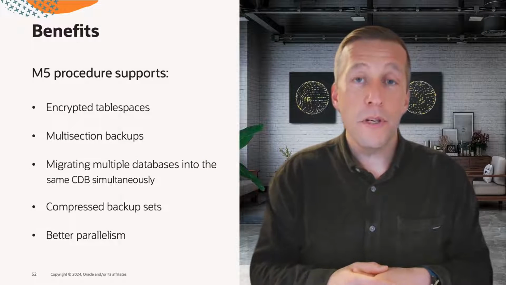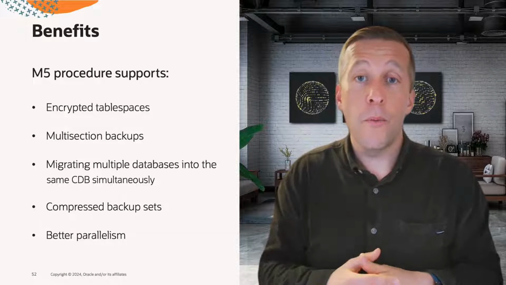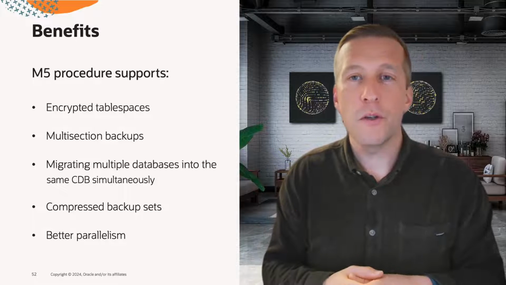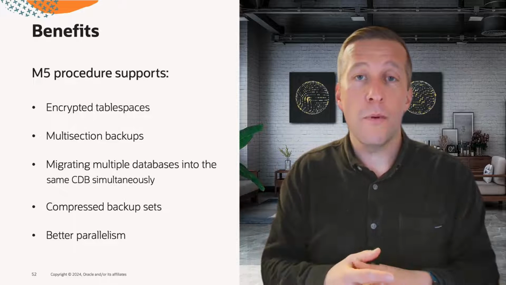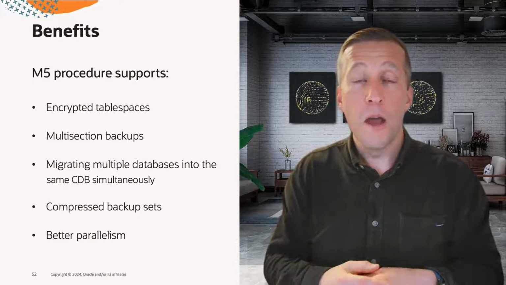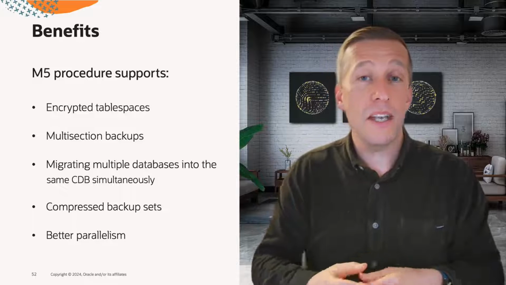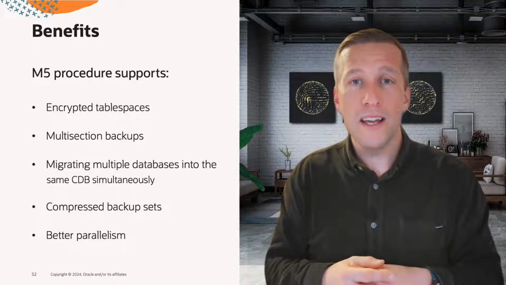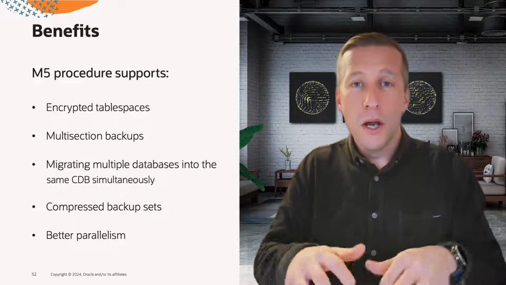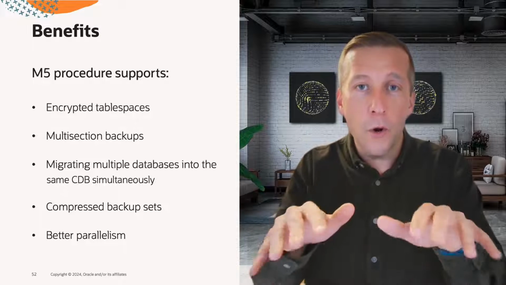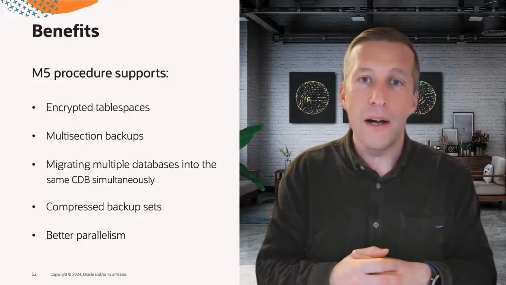Compared to the previous migration method, the version 4 Perl script, the new M5 procedure has several advantages. We can now fully support encrypted databases, and for those very big databases that are using bigfile tablespaces, it is a great win that we can do multi-section backups, so many RMAN channels can work together on the same big file data file.